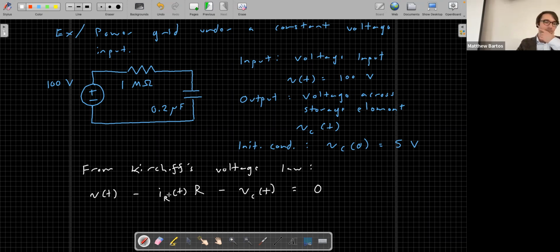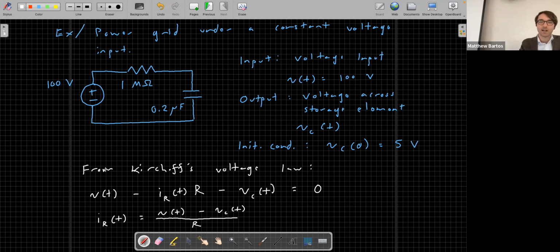And for convenience, I am going to rearrange this in terms of the current I_R of t, and you'll see why a little bit later. Algebraically rearranging, we get I_R of t equals V of t, the voltage input, minus V_C of t, the capacitor voltage, over R. So save this for later.